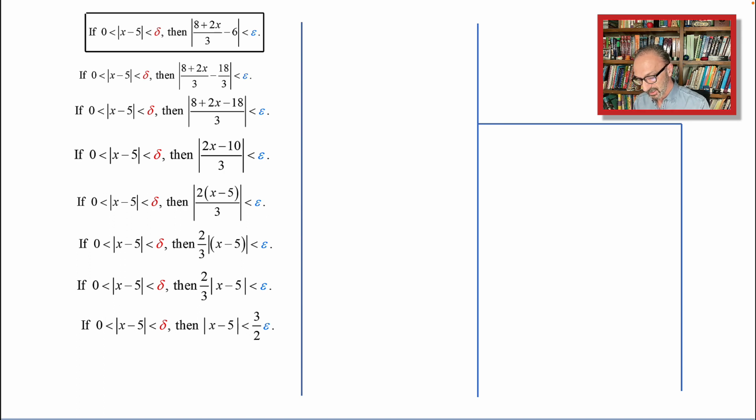Well, comparing this right here with this right here, we could clearly see the connection. Instead of epsilon, delta, I have 3 over 2 epsilon. So we could say, let's choose delta to be 3 over 2 epsilon, the epsilon that you gave me earlier.